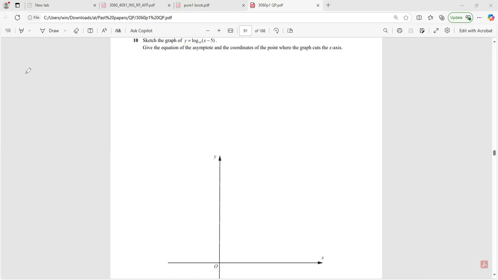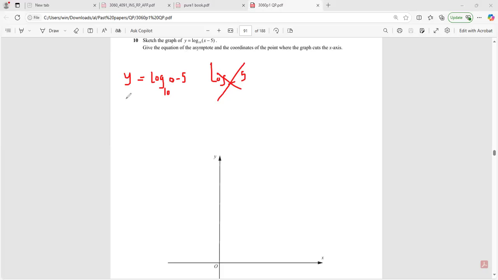Okay, for sure, if you put 0 instead of x, we can say y equals log 10 of 0 minus 5. The log here will be negative, and this is rejected. Log of negative 5 is rejected, so there is no y-intercept.